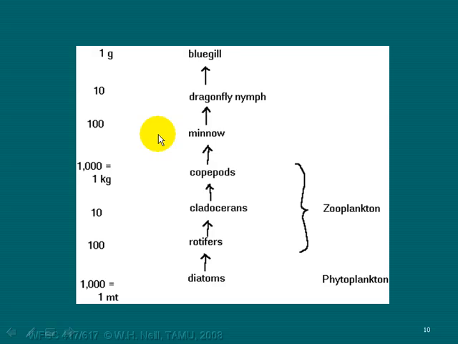But the logic is that it's a 10% transfer, right? Diatoms are eaten by rotifers, which are eaten by cladocerans, which are eaten by copepods and minnows and dragonfly nymphs and bluegills. And one of the points I want to make here is that it's not always a vertebrate eating an invertebrate. It can be the other way around. Dragonfly nymphs do eat minnows.